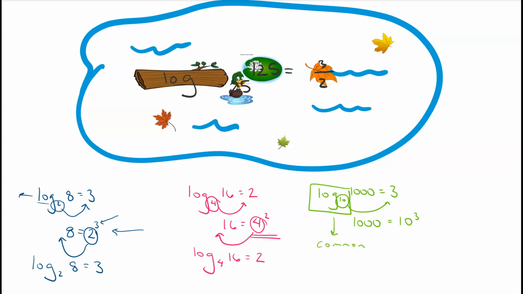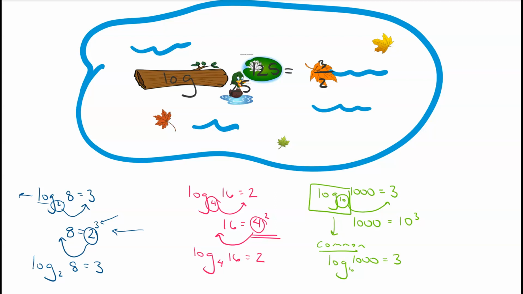And you actually won't see all that often a log base 10, because since it's so common, they just don't write the base usually. A log base 10 usually appears without its base. If you ever see a log without a base, that is the common log, and its base is 10, and you can go ahead and write in a base of 10 if you want.